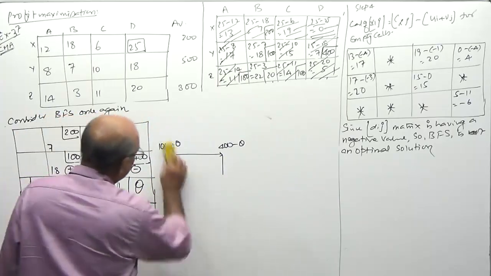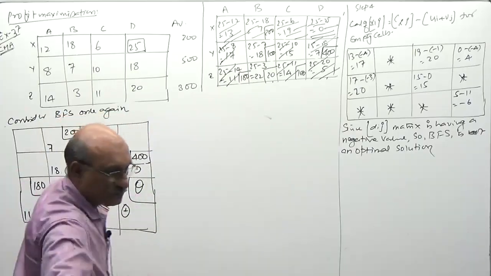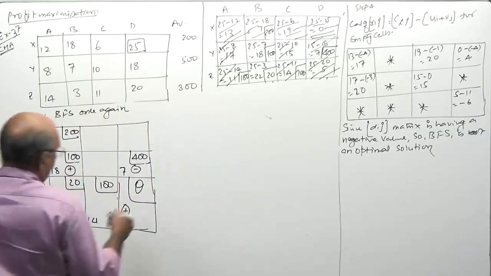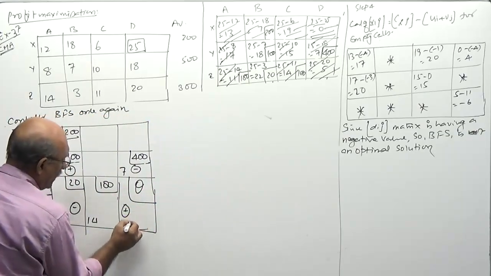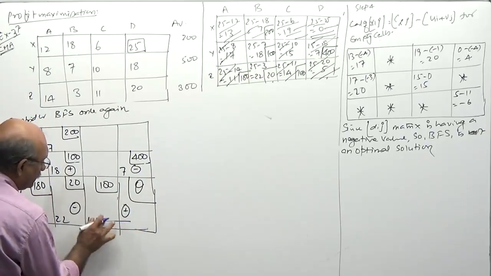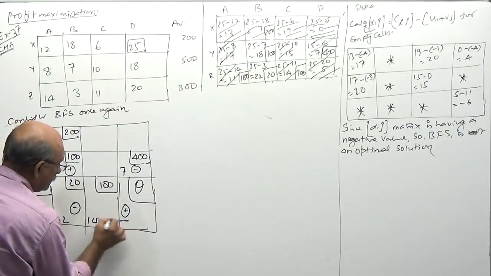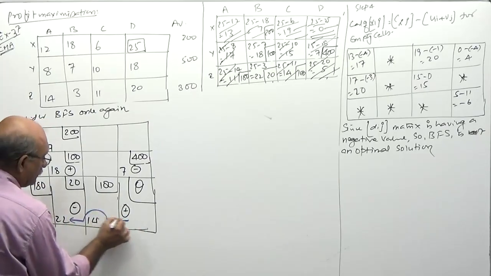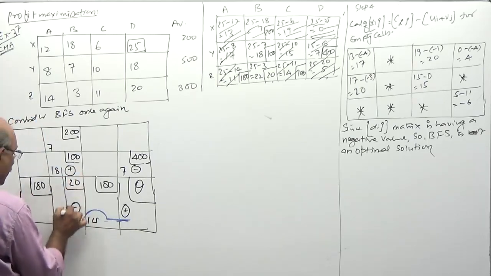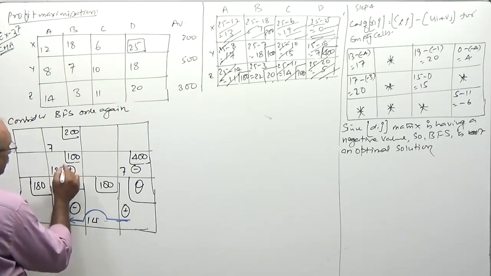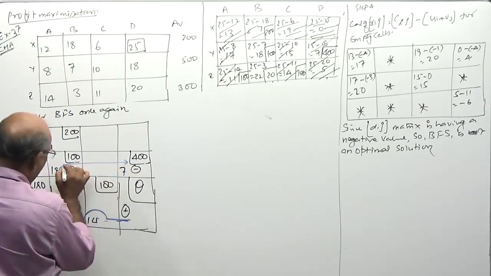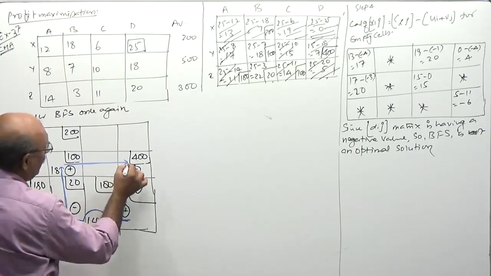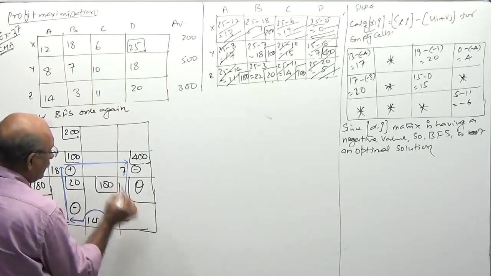Look at this, I am writing here. From this occupied cell, I started my journey, reach this cell, from this occupied cell to another occupied cell, from this occupied cell to another occupied cell, again from this occupied cell to the original place.